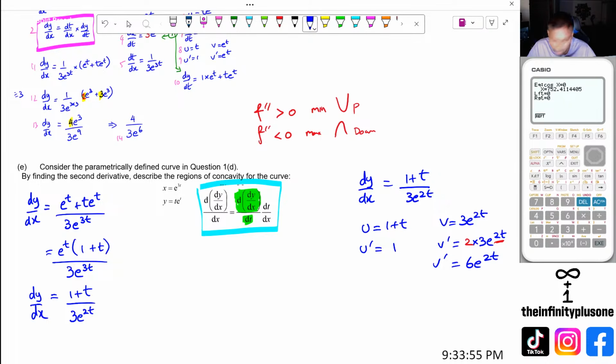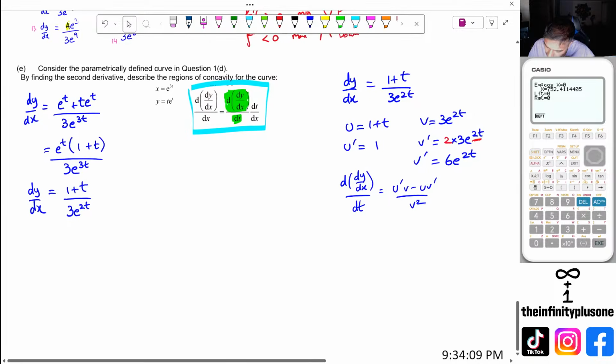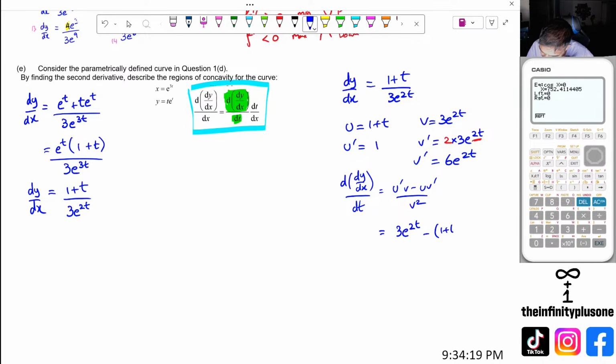That's pretty much one thing of it. So if we're going to say differentiation of dy dx over dt, this is u dash v minus u v dash over v squared. So we're going to end up with 3e^(2t) minus (1 plus t) times 6e^(2t), and the whole thing is divided by v squared, which is (3e^(2t)) squared.